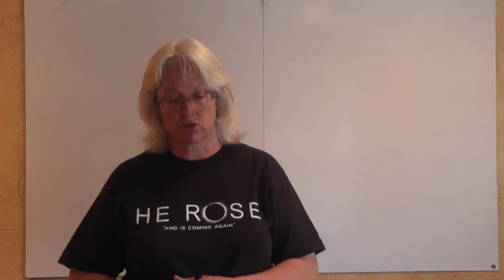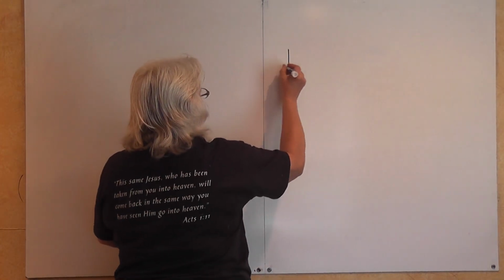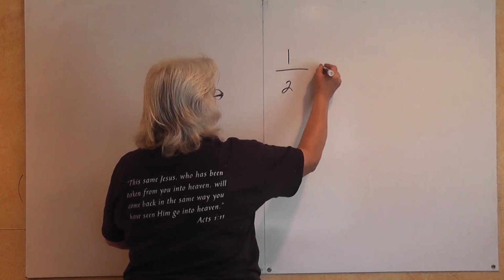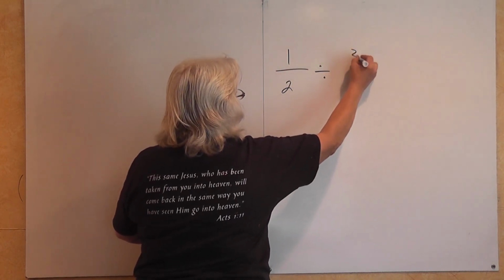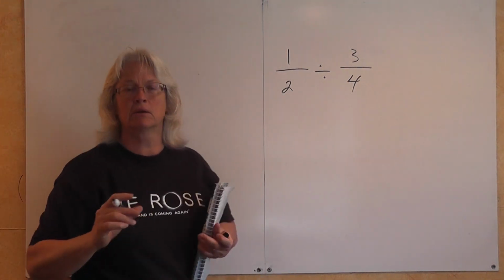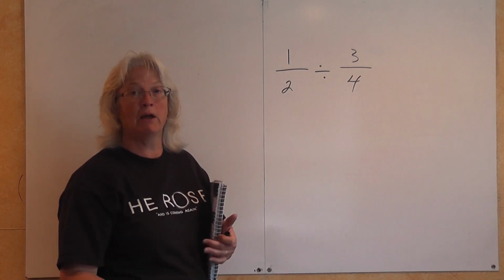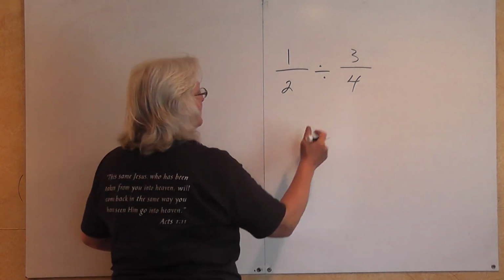Now, before we can learn how to deal with complex rational expressions, we have to learn exactly what is a complex rational expression. I'm going to introduce this by showing you our math problem here. You learned how to divide fractions by realizing that when you divide by a fraction, it's the same as multiplying by the reciprocal of the divisor.